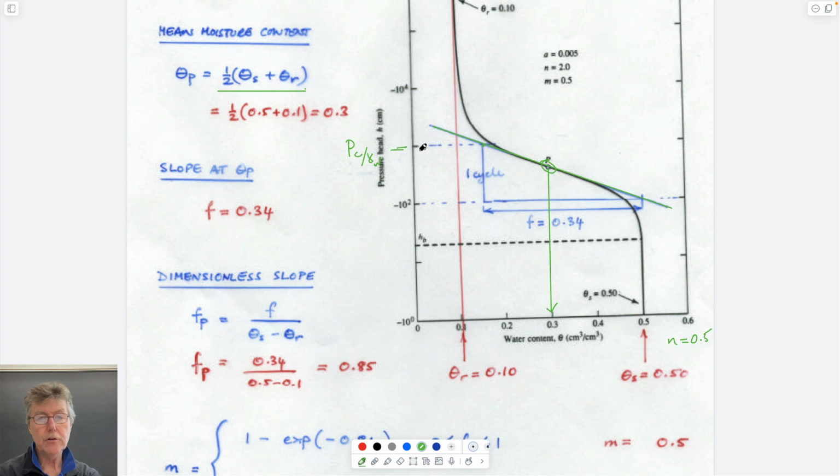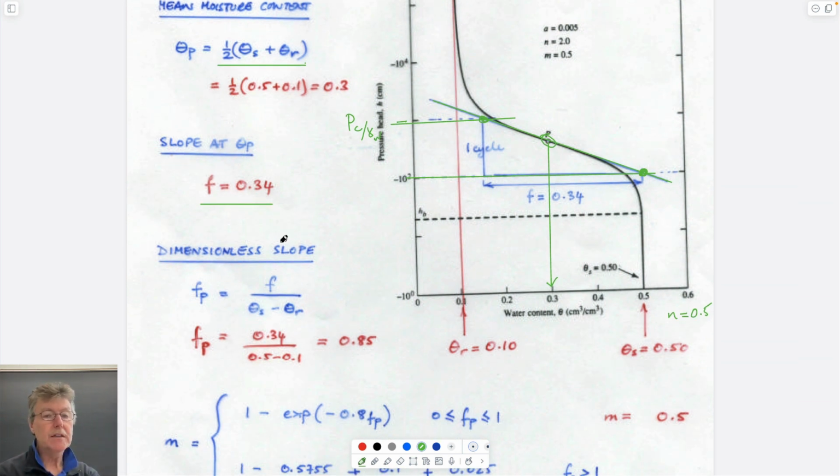Take one log cycle between here and here. So that would define this point here and this point here. And this magnitude is equal to 0.34 on this scale. So that's where this number comes from, and we're going to call it 0.34.